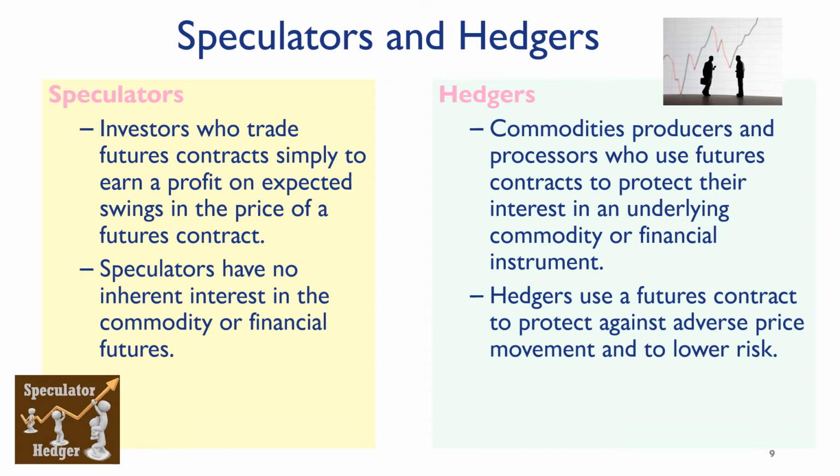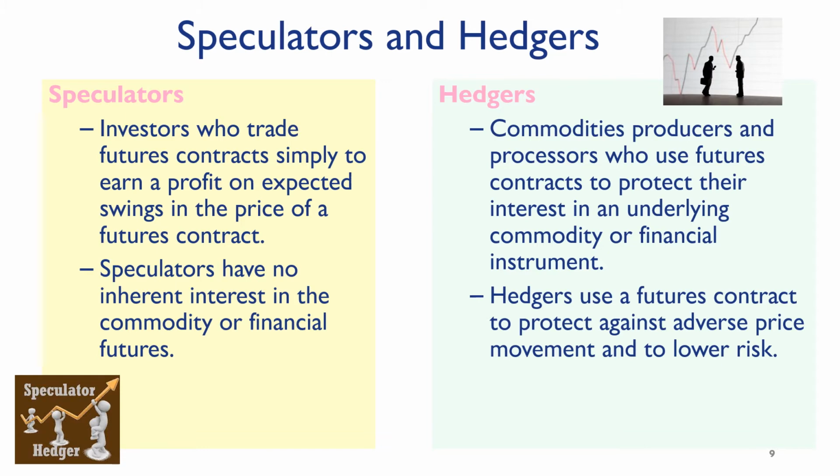Speculators are prepared to accept risks that hedgers do not wish to assume, and they provide liquidity to the market. The assistance of speculators helps to ensure that there is an active market and that at any given time, buyers and sellers are both in operation.